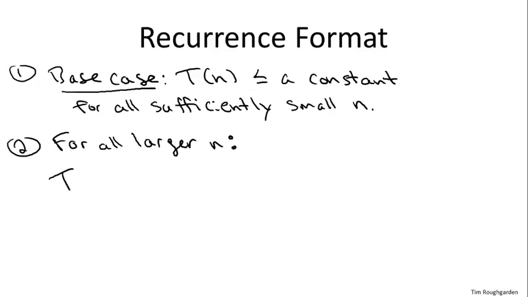So we assume the recurrence is given in the following format. The running time on an input of length n is bounded above by some number of recursive calls. Let's call it a different recursive calls. And then each of these subproblems has exactly the same size. And it's a 1/b fraction of the original input size. So there's a recursive calls, each on an input of size n/b.